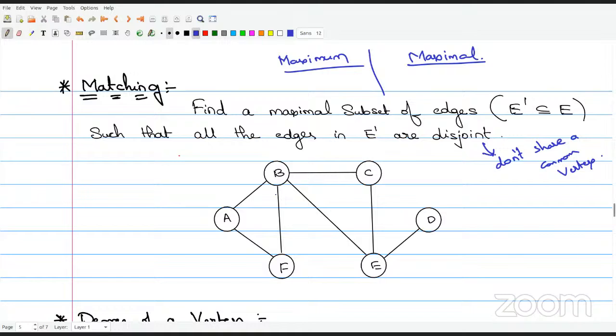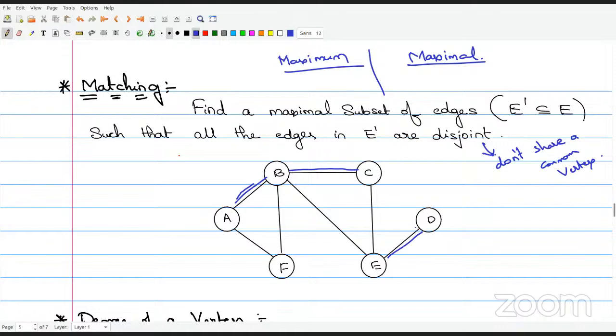If you see in this particular graph, edge AB and edge BC share a common vertex B. So that means edge AB and edge BC are not disjoint. And AB and ED, they are not sharing a common vertex. AB edge has A and B as the vertices, and ED edge has E and D as the vertices.